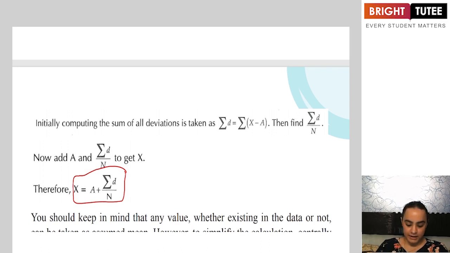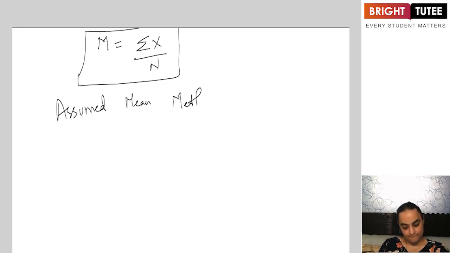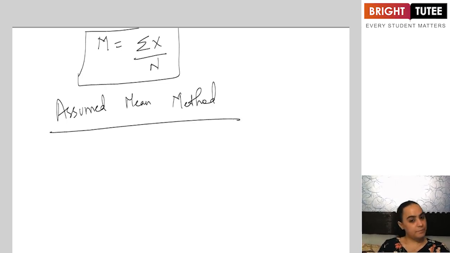So what did I do basically in the assumed mean method? You have a group of data, let's say x: 10, 20, 30, 40, 50. This is the data which is given to me.